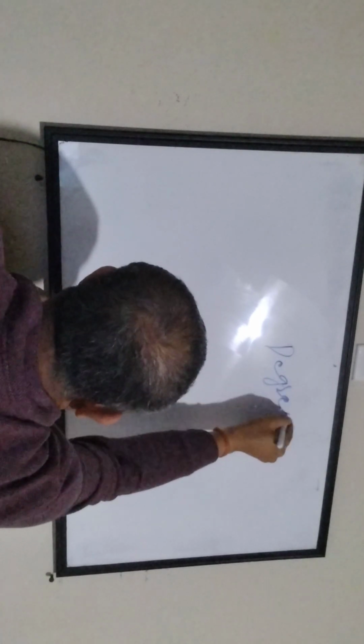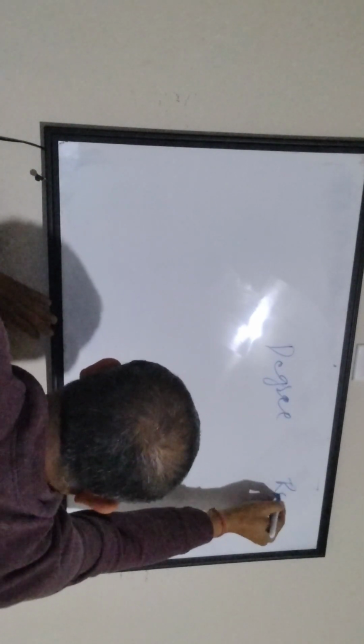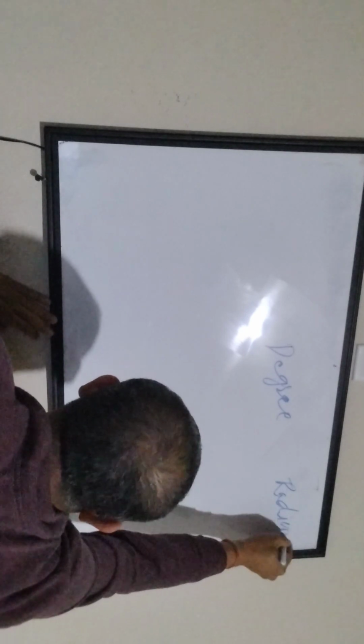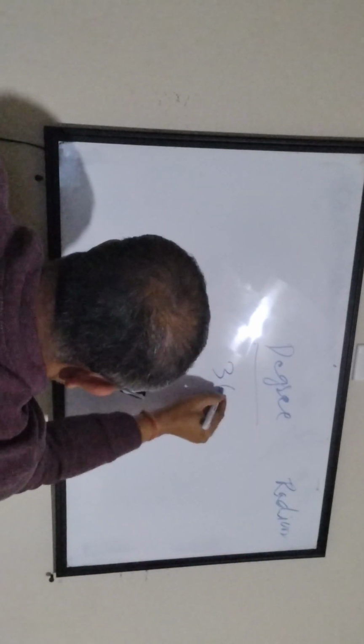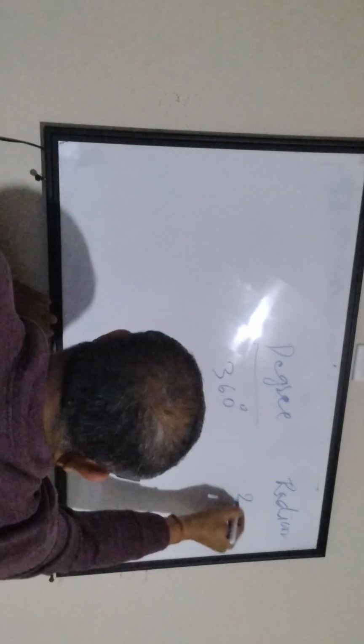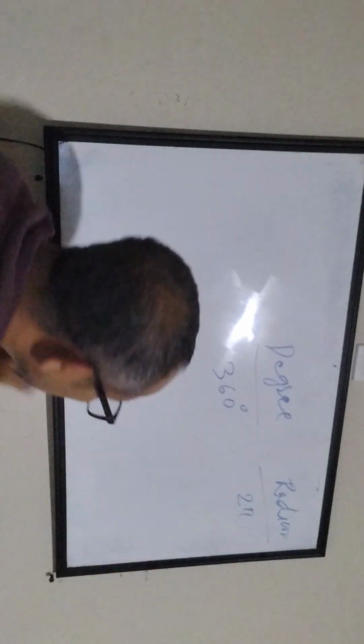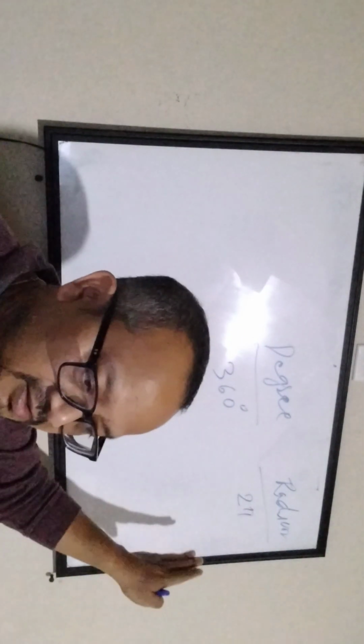So now we talked about the relationship between angle in degree and angle in radian, correct? And I'm sure you know it. If you don't, this is the only thing that I would want you to remember: 360 degree equals 2 pi radian.